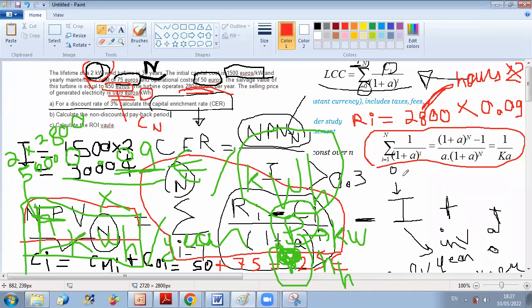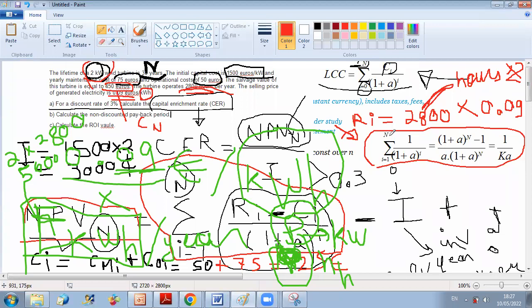So to compute my summation from I to N, I will use the following formula. Here in this problem, because for all years I have the same income and the same cost, no need to do any decomposition. So this formula is already straightforward.